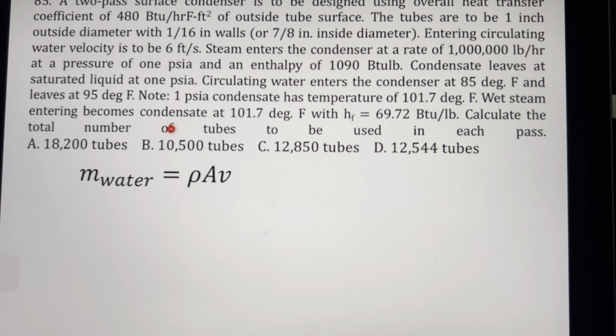While our total number of tubes is inside this area because this area is the total number of tubes wherein the water is flowing. So our unknown is in here. So that is equivalent to cross-section area of each tube times the number of tubes to be used.